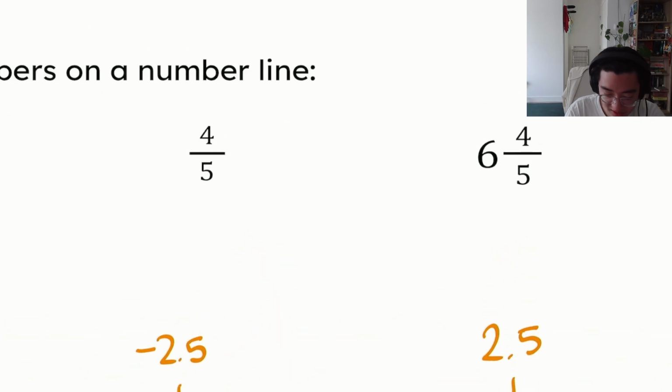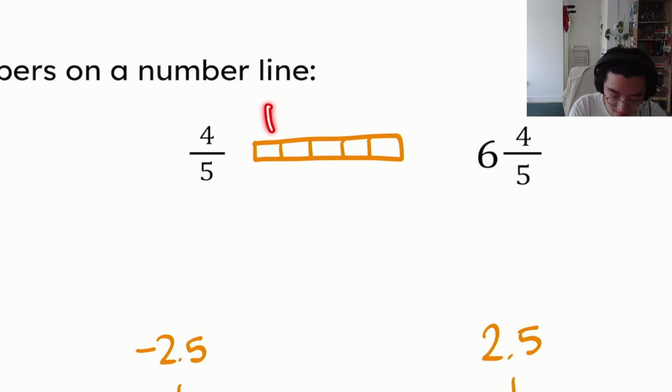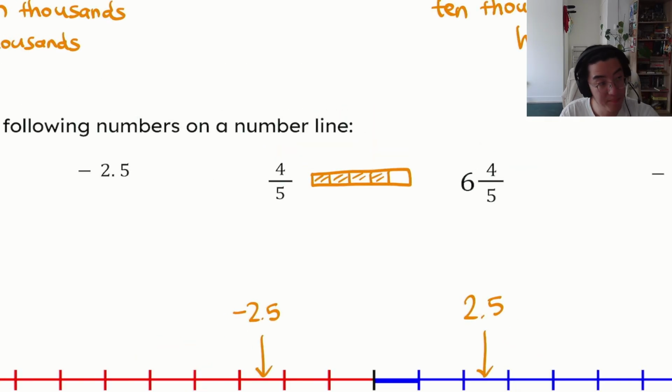Right, and now how about fractions? 4 over 5. This means that we have 5 parts of something. 1, 2, 3, 4, 5 parts. And we fill out 4 of those parts. So as you can see here, it's not quite 1 yet. It's just below 1. If it's 1, all the boxes will be filled out.